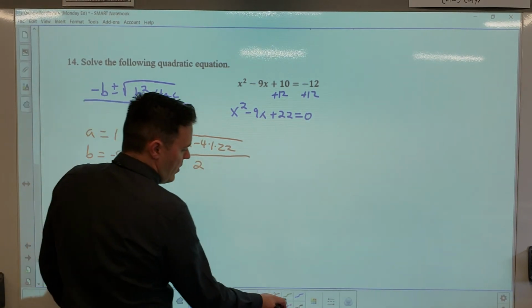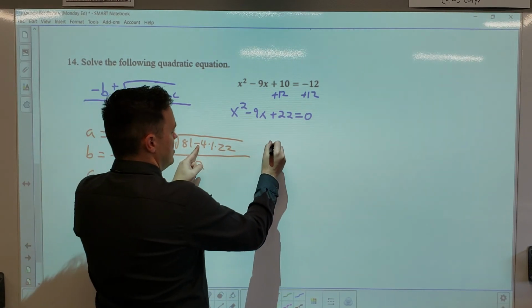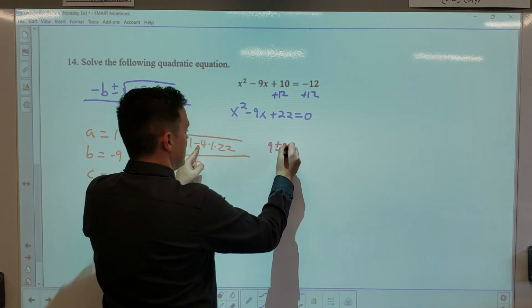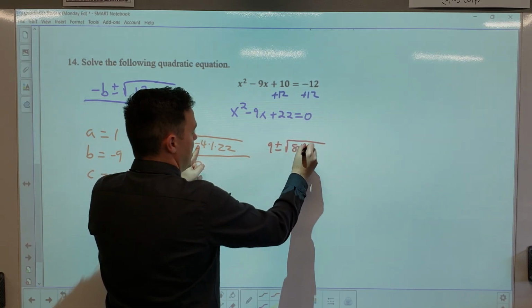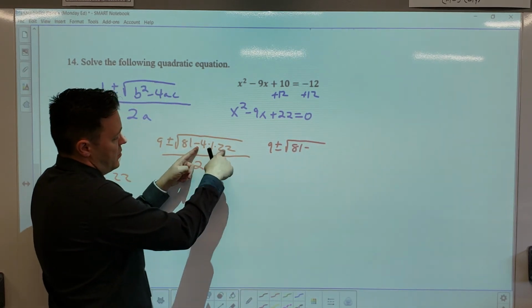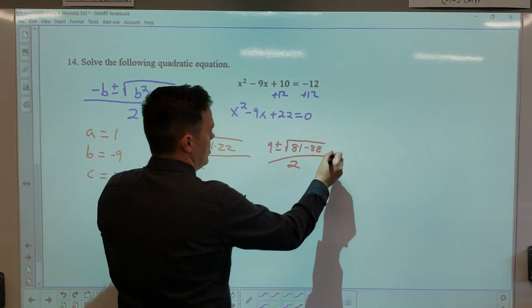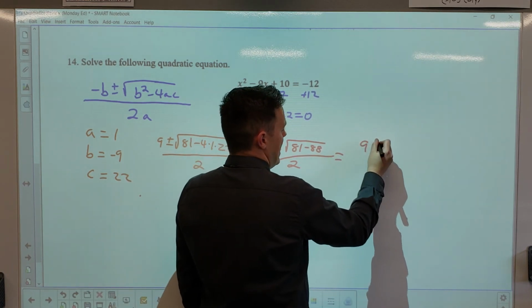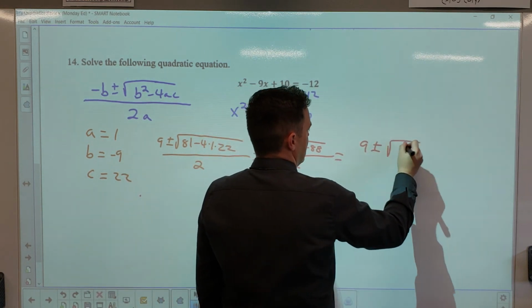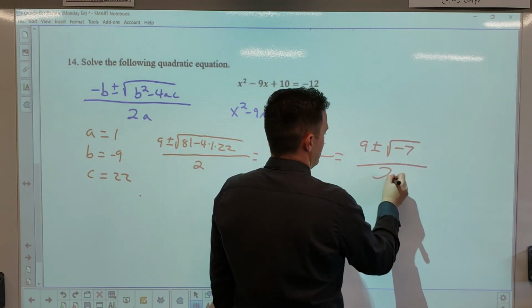All right, then we rewrite it. So you would just multiply these out. So it'd be 9 plus or minus the square root of 81 minus, and that would be 4 times 22 is 88, all over 2. And when you reduce that one last time, it's going to be 9 plus or minus the square root of negative 7 over 2.